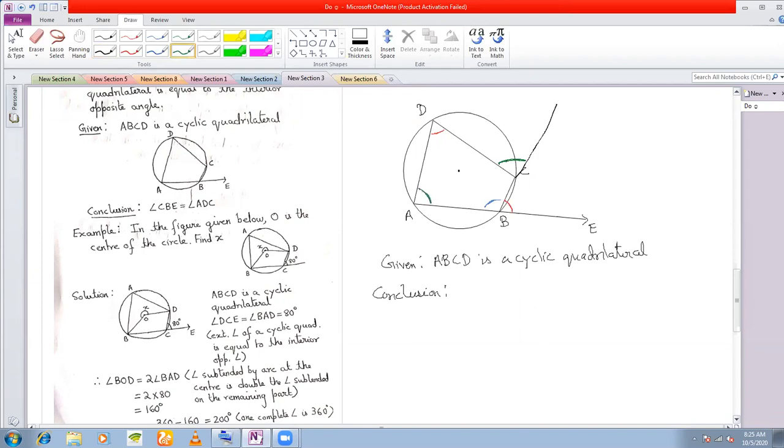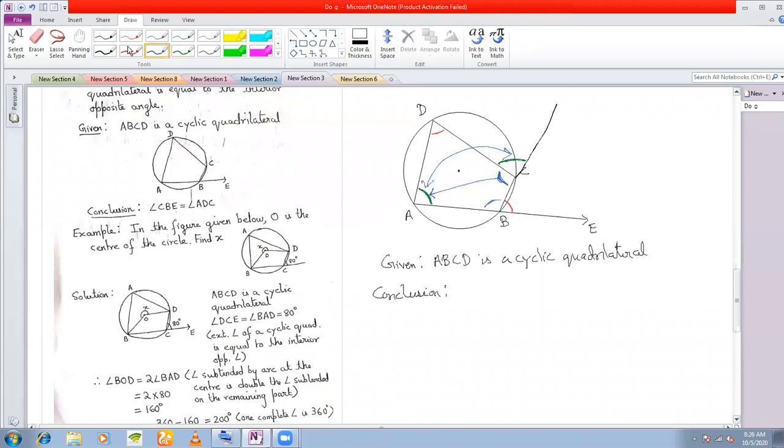This one is the interior opposite angle, because the interior angle corresponding to the exterior angle represented by green color is this angle, right? And opposite to this is this. So therefore, these two must be equal.